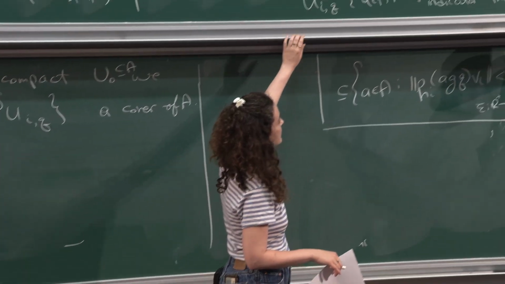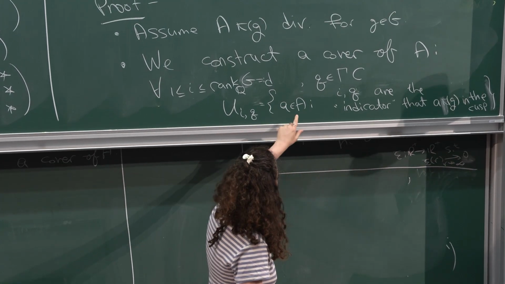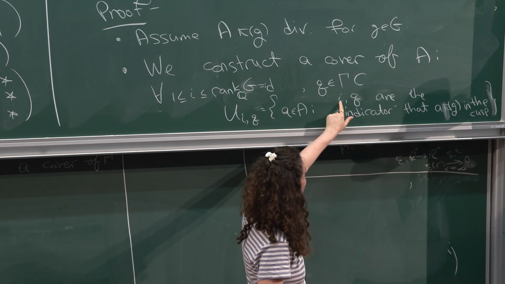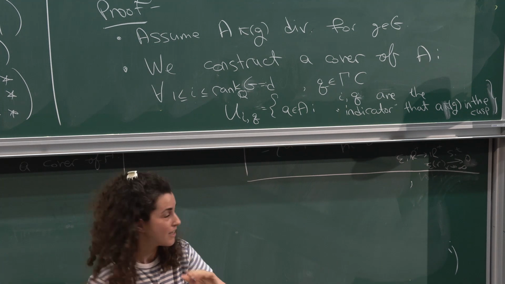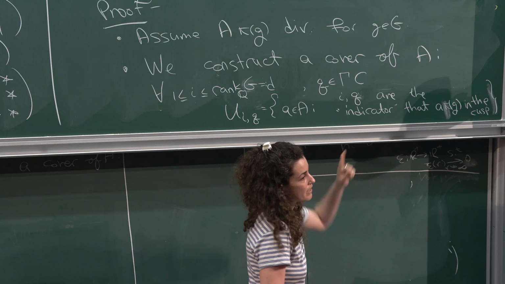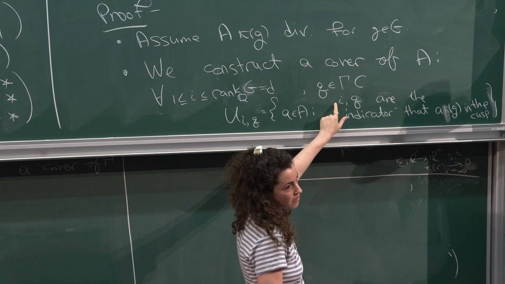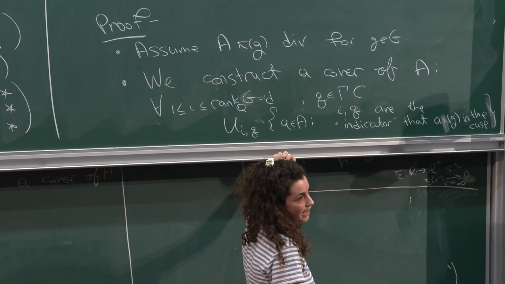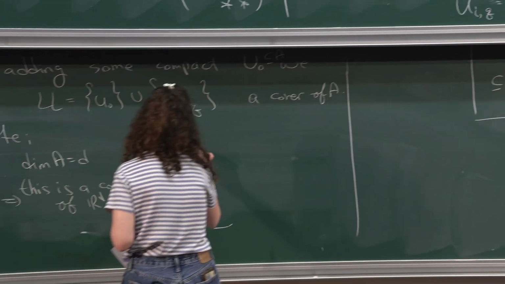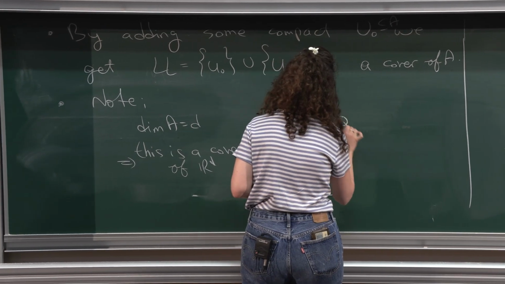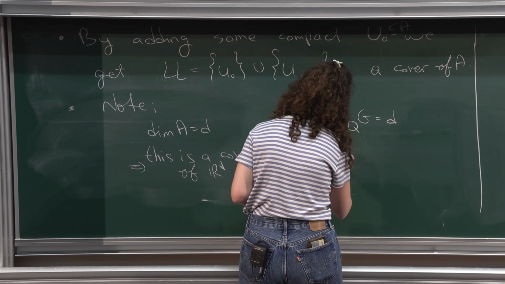And the covering number is how many of these sets can intersect. Because we have only d of these types of height functions, and we chose q so that there's only one q covering each point in our set, then at most d of these can intersect. And this d comes from the Q-rank. So this is the relation between the dimension and the Q-rank. So the Q-rank of G, which is d, is almost the covering number.